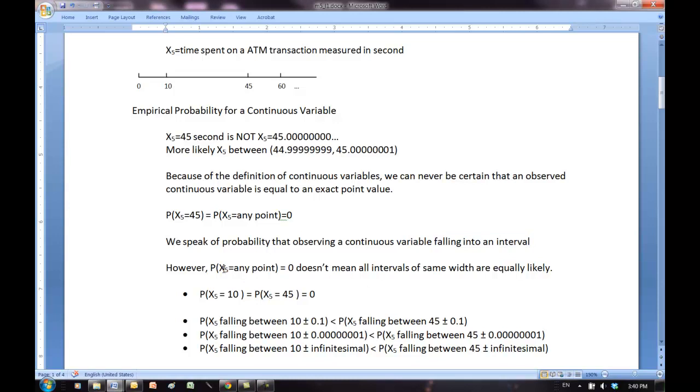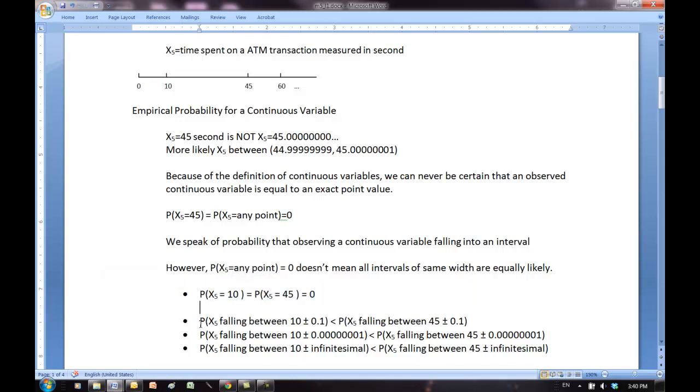Also realize that a continuous variable taking on any value being associated with 0 probability does not mean all intervals of the same width are equally likely to occur. Let's use the following example to illustrate this point. The probability of x5 equal to 10 is the same as equal to 45, equal to 0, because they are just 2 points.